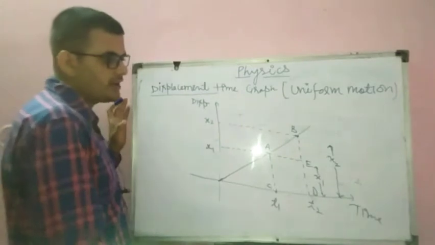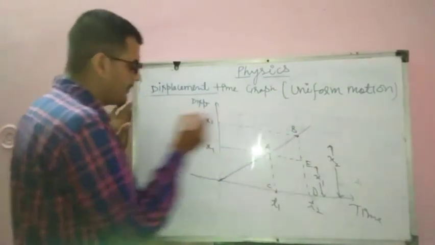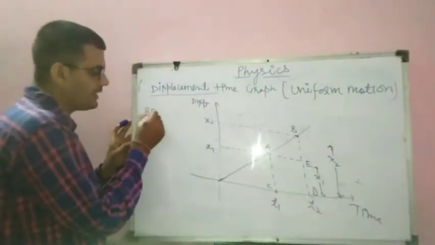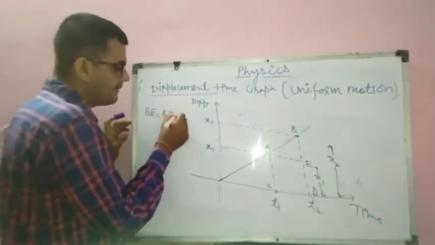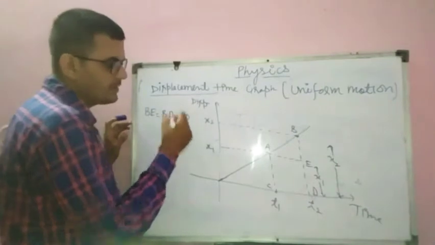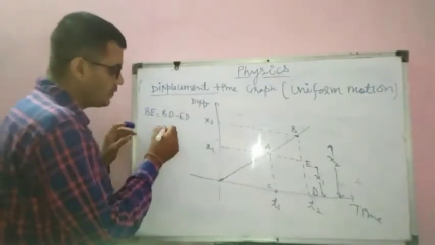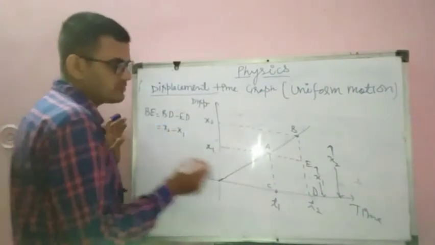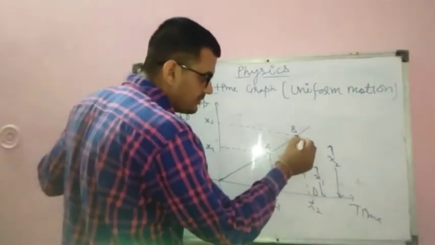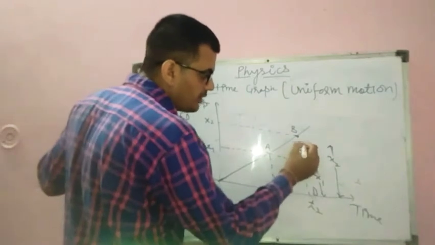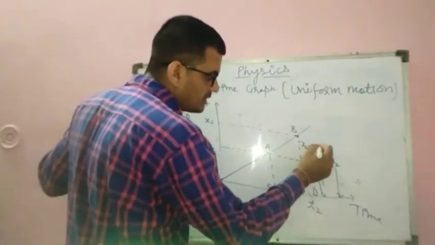So from the figure it is clear that the value of BE will be BD minus ED. What is BD? x2 minus x1. It is very easy.